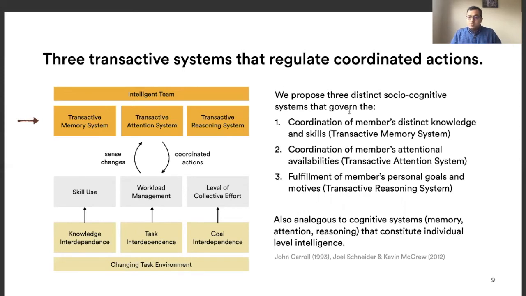Now, one can also think about these three systems as being very analogous to cognitive systems. In individual intelligence, what we know of individual intelligence, is that our memory, our attentional control, and our reasoning are three big components of what makes us intelligent or allows us to be intelligent.